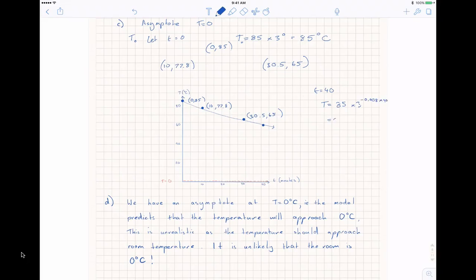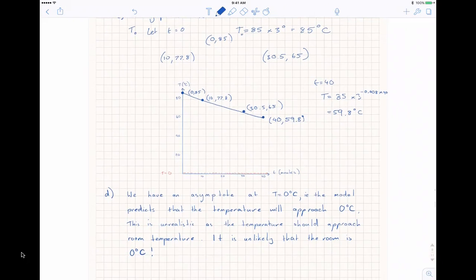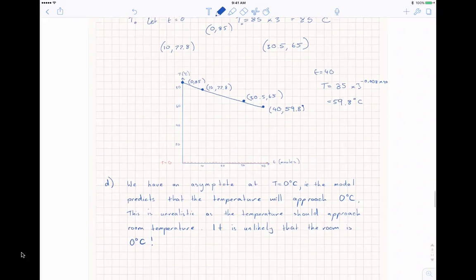Evaluate that in the CAS, and that comes out at 59.8 degrees Celsius. So I should probably not have gone past that last point when I sketched it in. I should have ended at 40 because that was the domain that they asked us to sketch it over. And of course I've labelled my axis and my asymptote there.